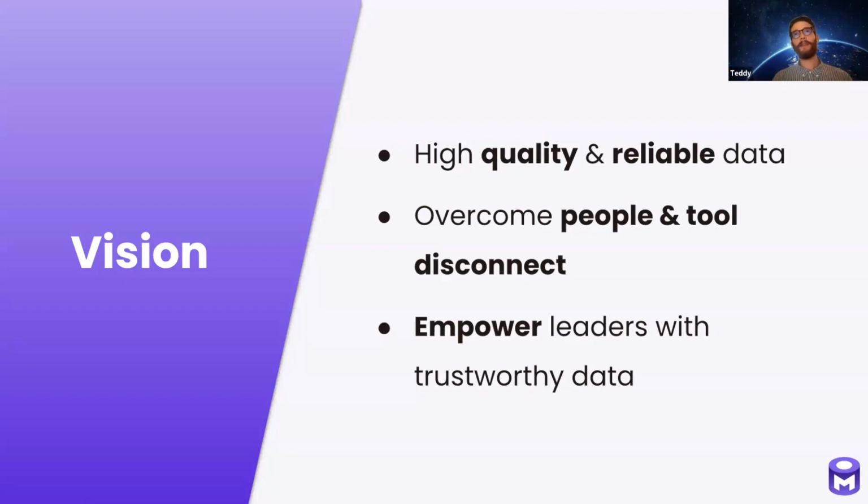Basically, it's articulated around three main pillars. We want to deliver high quality and reliable data. That's data that you can trust and depend on. We have all had to do manual validation, as a data scientist or data analyst, before building a dashboard or developing a model, spending hours validating assumptions about our data.